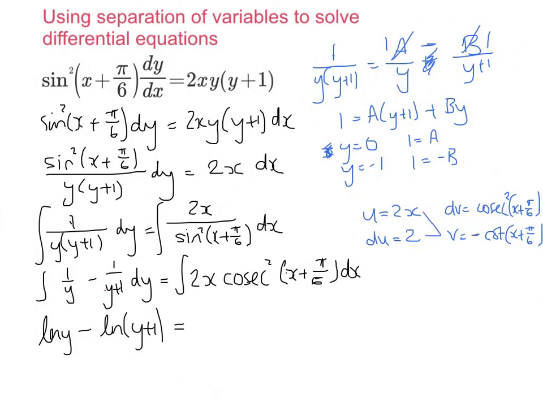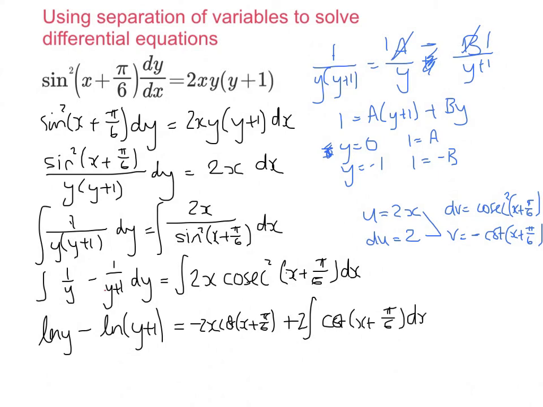Dunk dunk, this is equal to minus 2x cot(x plus pi by 6) minus the integral of, and then the v times the du. I'm going to pull out the minus in the integral and also the 2. So I'm going to put the minus and the 2 at the front, and then that will leave me with cot(x plus pi by 6) dx.